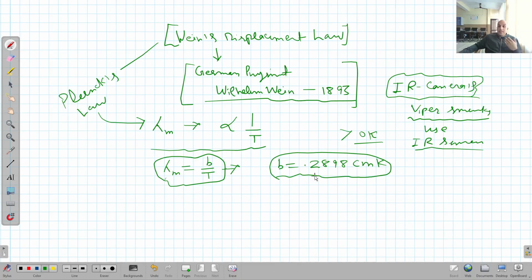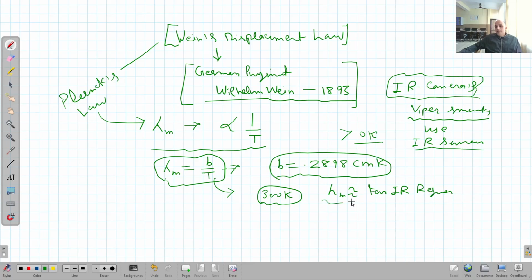This is very interesting. If we look at the temperature of all the mammals that are present on Earth, then most of them have temperature more than 300 Kelvin. Clear? Their body temperature is more than 300 Kelvin. Now, if I put this temperature here, put the value of B, then I find lambda m nearly in the region of far infrared to infrared region.